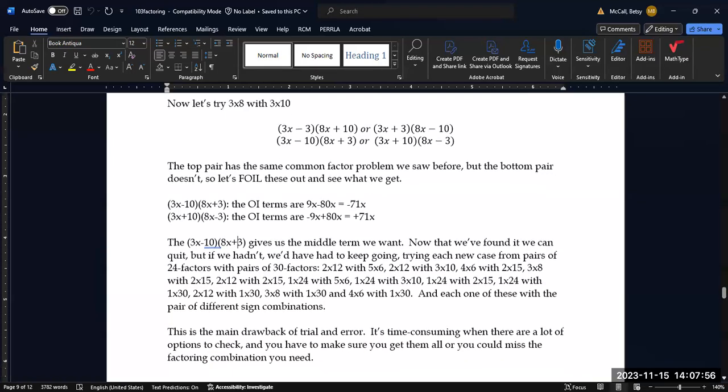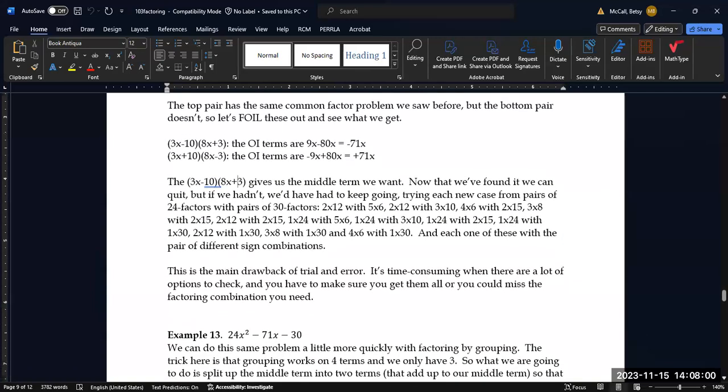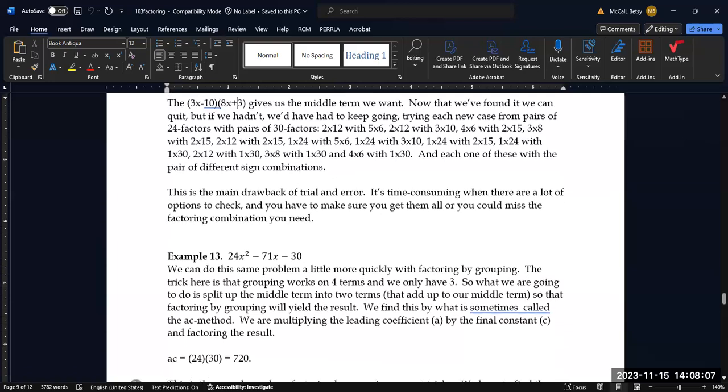Now, there is another way to do this when these combinations of factors get very complicated. And we're going to look at that. It's called factoring by grouping.